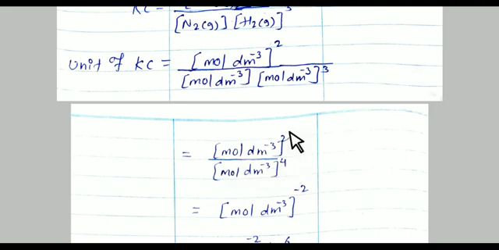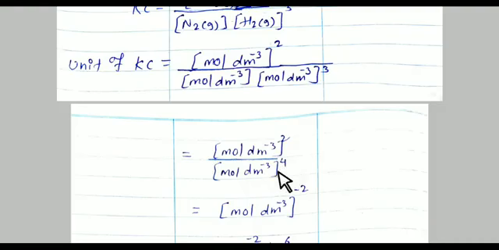Here 2 cancels from this 4: 2 ones are 2, 2 twos are 4. In the numerator all this term is cancelled. In the denominator what remains is mole per decimeter cube squared.